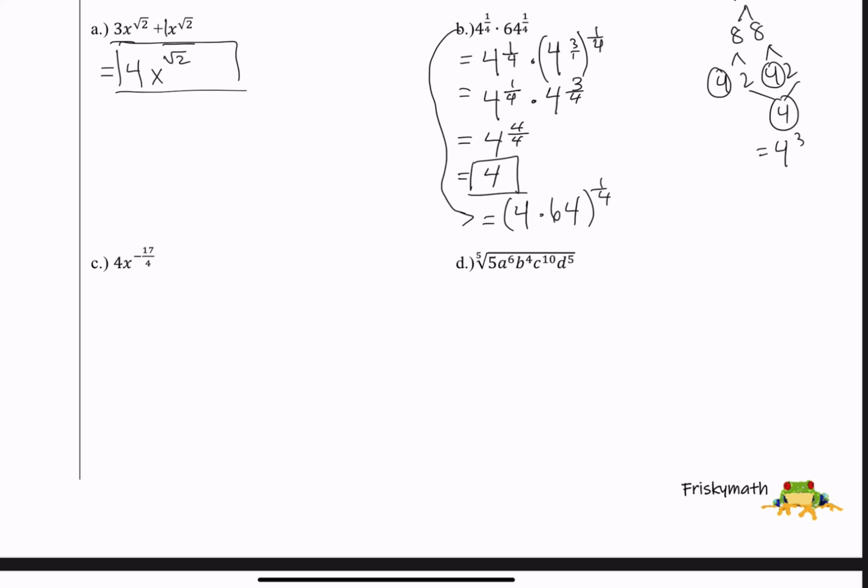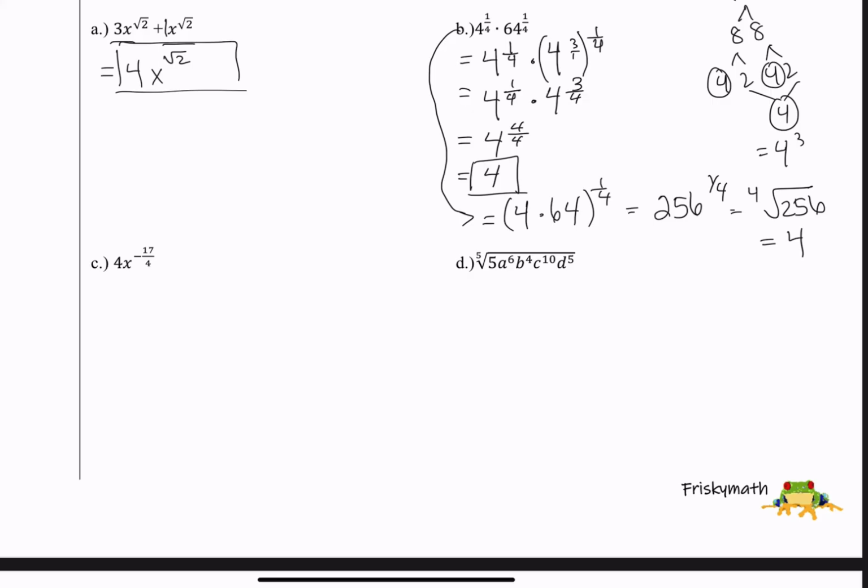Well, 4 times 64 is 256. So now this is 256 raised to the 1/4 power, or it's the 4th root of 256, and we've done this in a previous lesson. The 4th root of 256 is in fact 4, because 4 to the 4th power is 256. Either way, you get the same answer. I prefer the first way because it's also going to be really helpful when you're dealing with variable expressions and you don't have a way to exactly evaluate this.